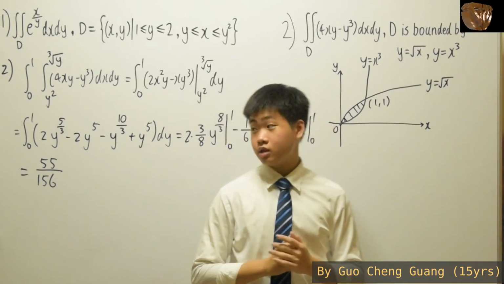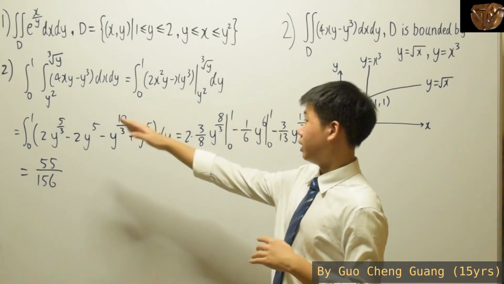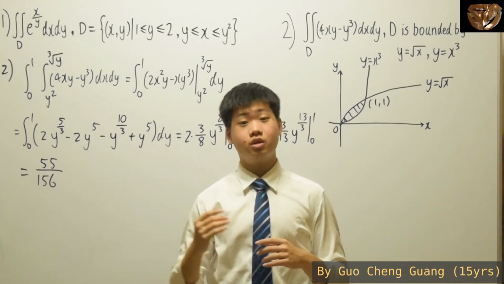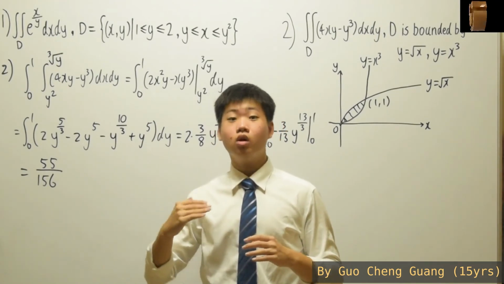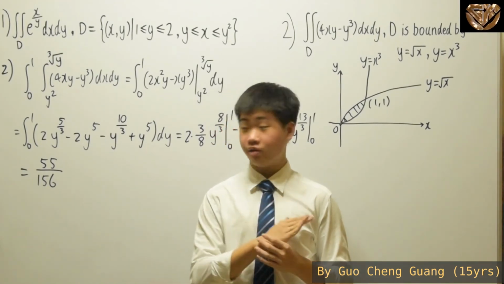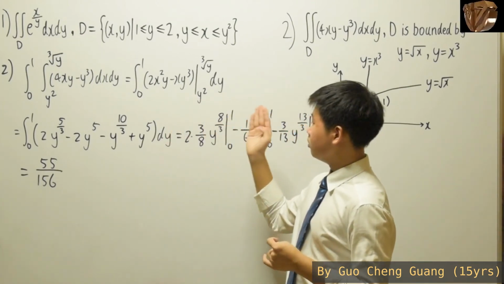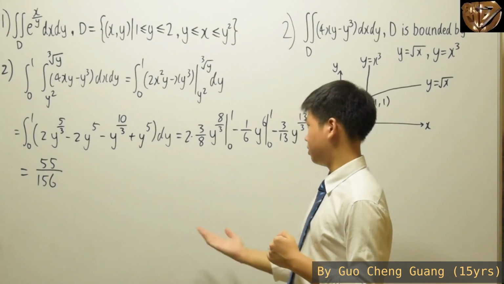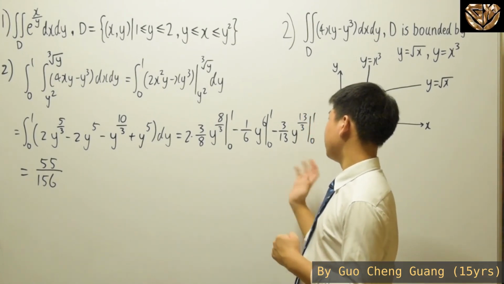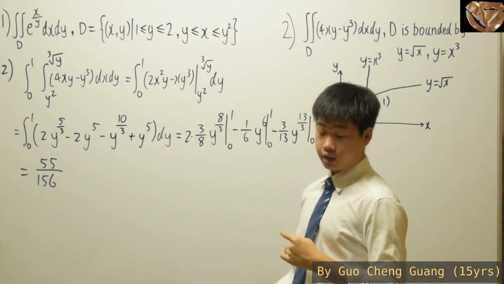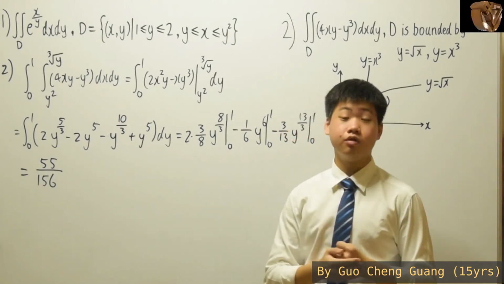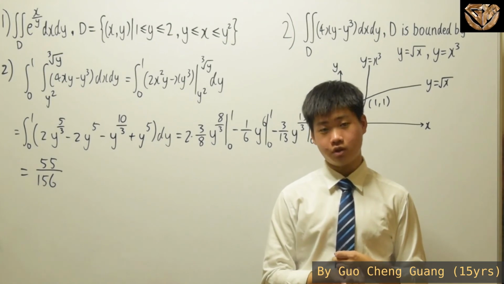And then with that information, you will determine the boundaries, and of course your boundaries depend on whether you want to integrate with respect to x first or integrate with respect to y first. Then you do some simple integration, just have to be aware of your different powers, different simplifications, and at last you can get this kind of value, which when you substitute in the y values, you get the final answer of 55 over 156.